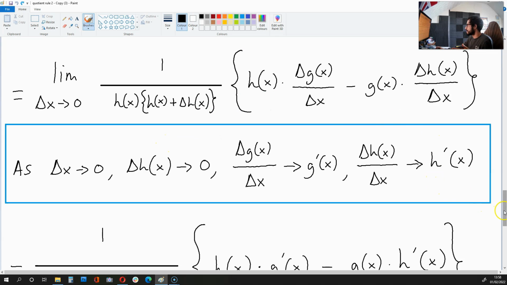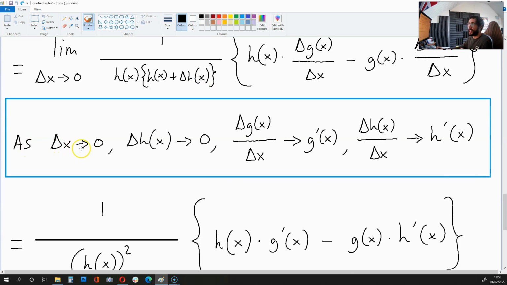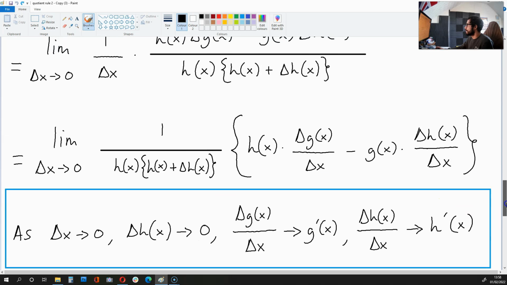This is because as change in x approaches 0, change in h(x) approaches 0, change in g(x) over change in x approaches the derivative of g(x), and change in h(x) over change in x approaches the derivative of h(x), okay?